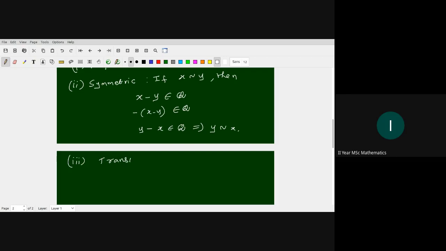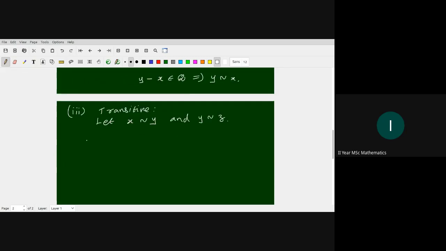The third property is the transitive property. Let us take x related to y and y related to z. Then we prove x is related to z. X related to y implies x minus y is rational. Y related to z implies y minus z is rational.